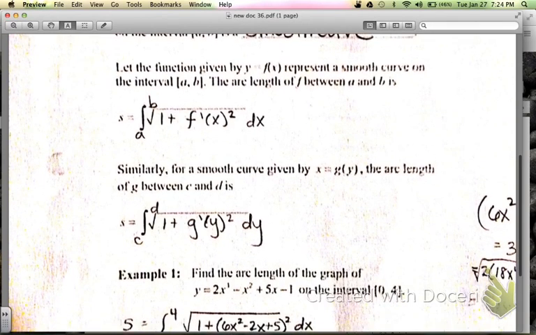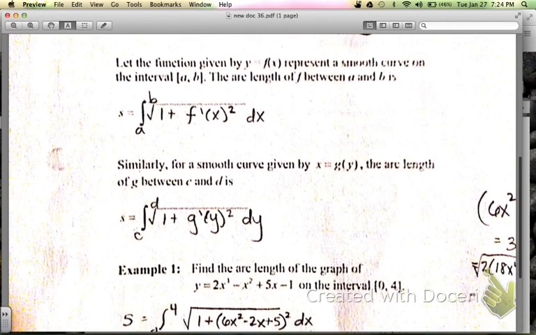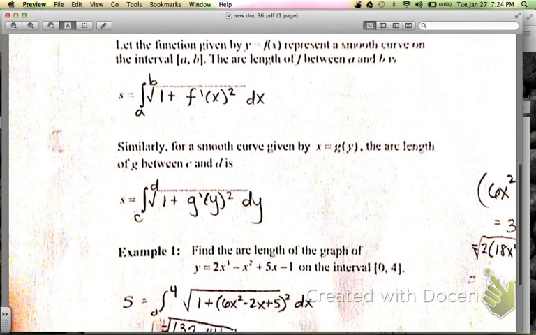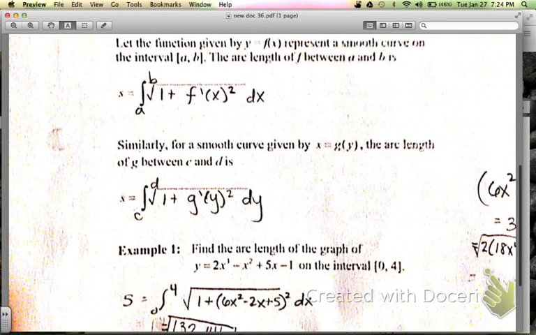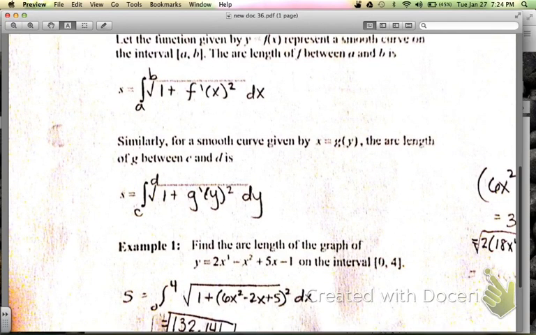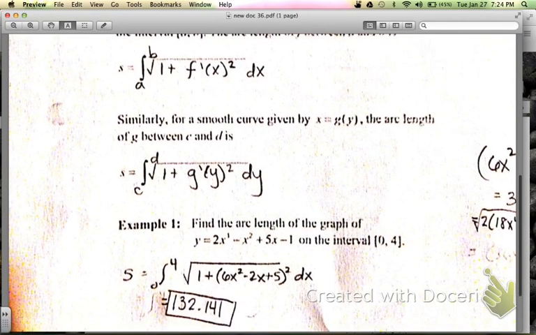And vice versa, if you have x equals some function g of y, then the formula for the arc length is the integral from c to d, where c and d are y values, of the square root of 1 plus the first derivative of g with respect to y, squared, dy.